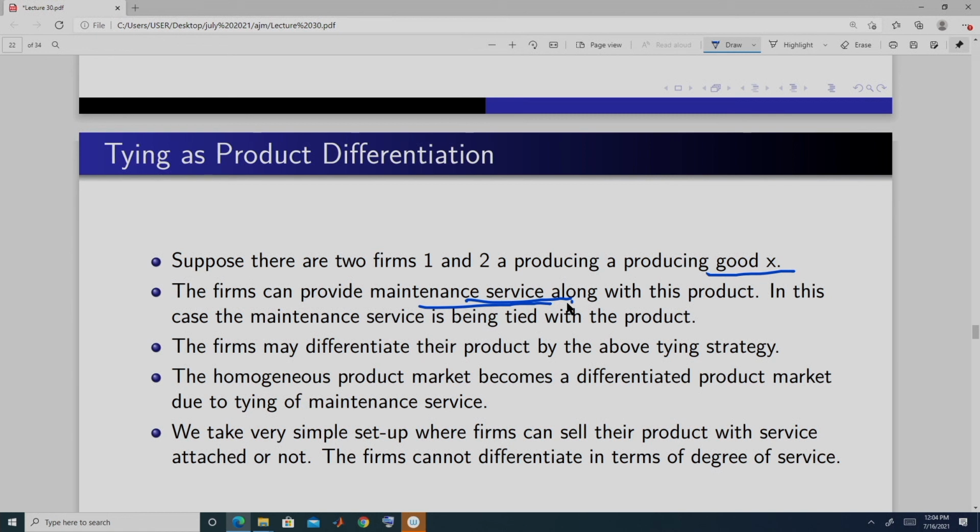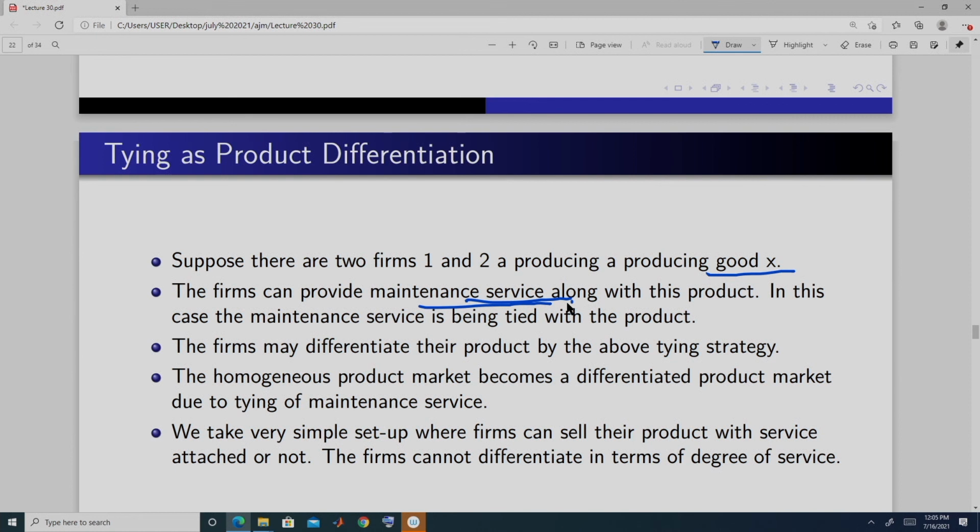So, for simplicity, we take that the firm can either provide the maintenance service, or it may not provide the maintenance service. So, this is the way of differentiating. So, you can have one product where you get the product, and also along with it you get the maintenance service. Another is you only get the product.